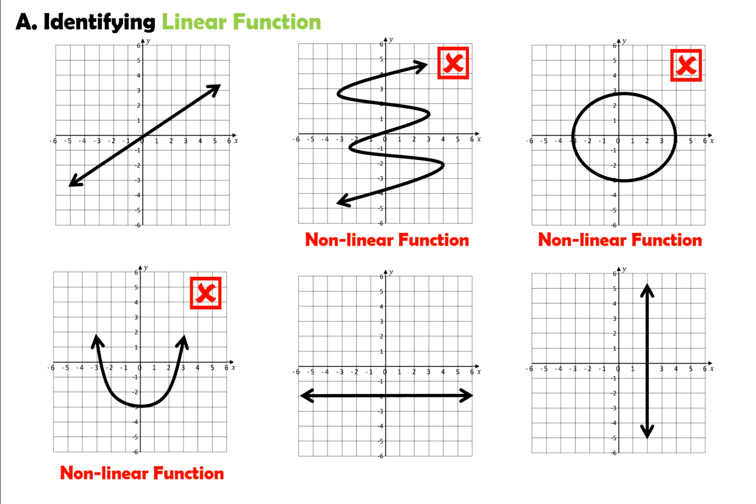Pag sinabi natin vertical line test, kahit saan, doon sa graph pwede mong i-draw or ilagay ang vertical line. Ngayon, titingnan mo kung ilang beses nag-intersect yung ating vertical line doon sa graph. Makikita ninyo isang beses lang. So, that means this is a linear function.